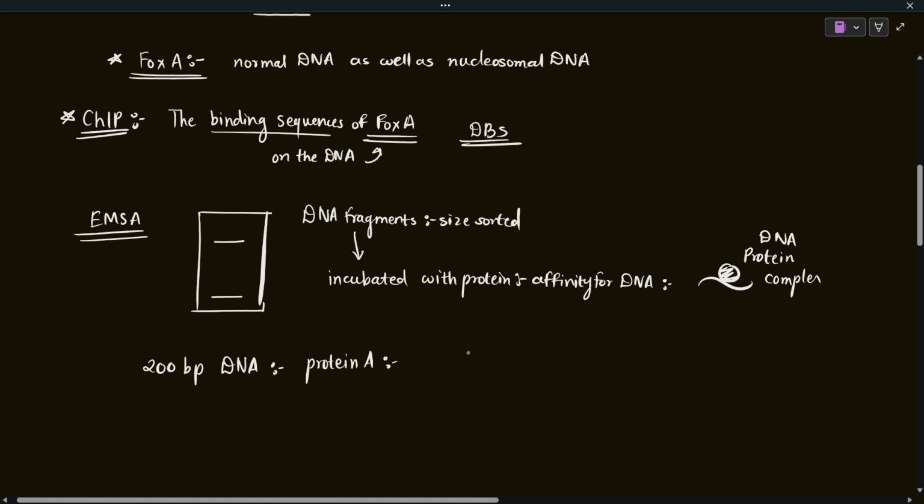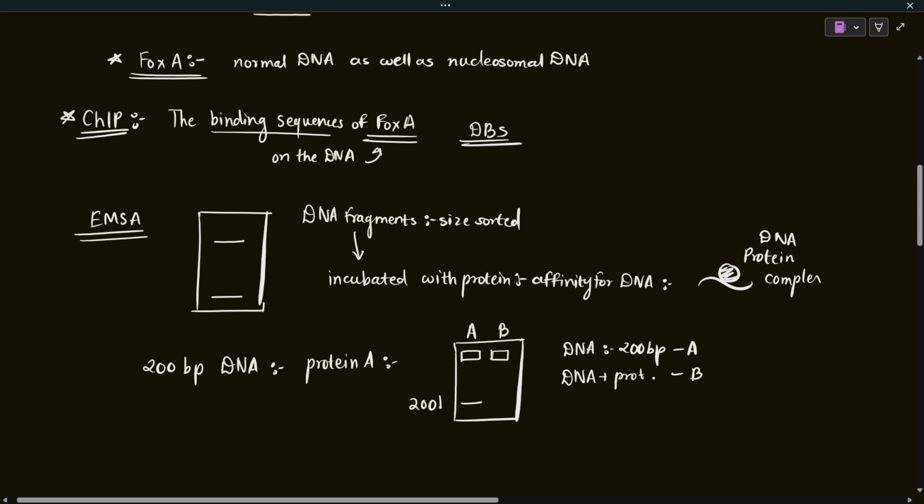Say there are two wells, well A and well B. Assume that in well A we put the sample of the DNA, the DNA of 200 base pairs, and in B we put DNA which was incubated with protein.